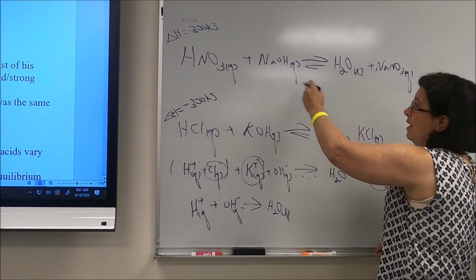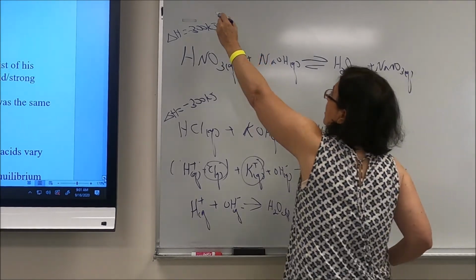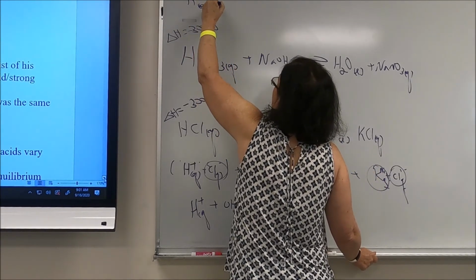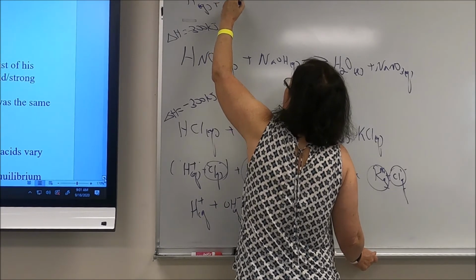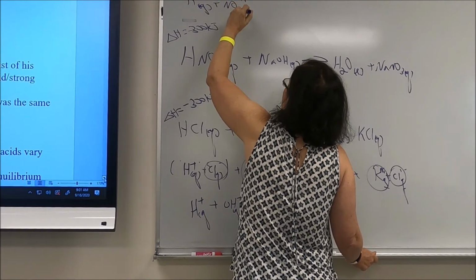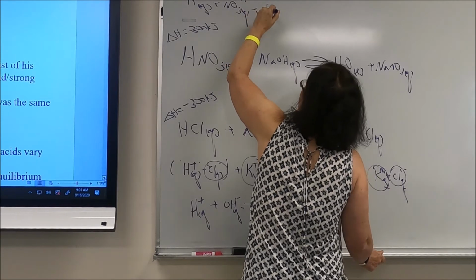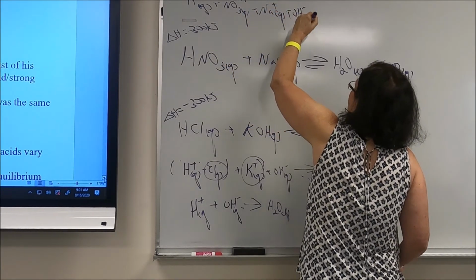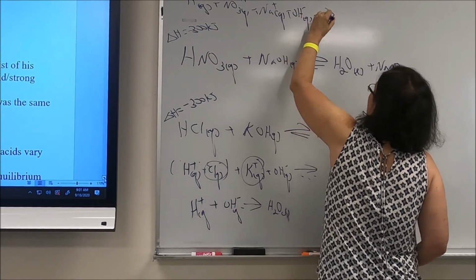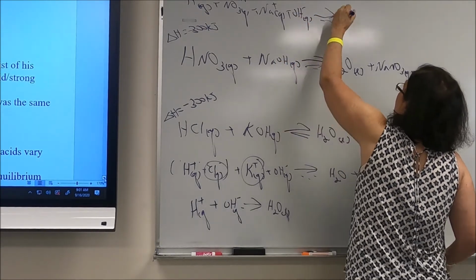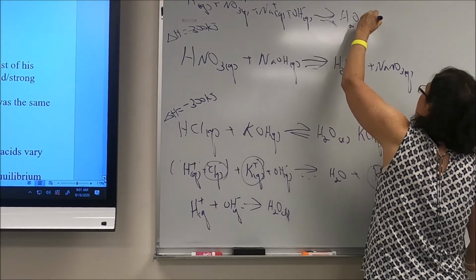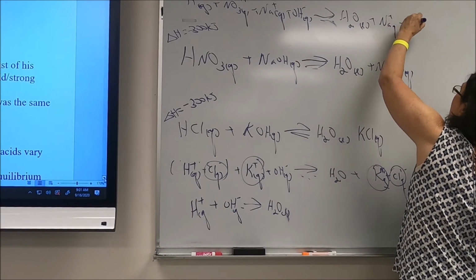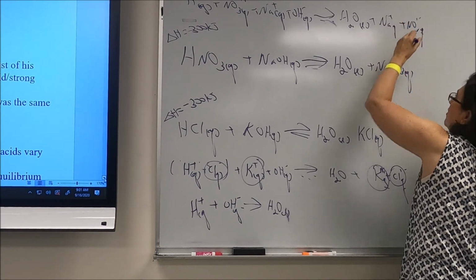If I do the same thing with the nitric acid, I'd have H+ aqueous plus nitrate ions aqueous plus sodium ions aqueous plus hydroxide ions aqueous going to water liquid plus sodium aqueous and nitrate aqueous.